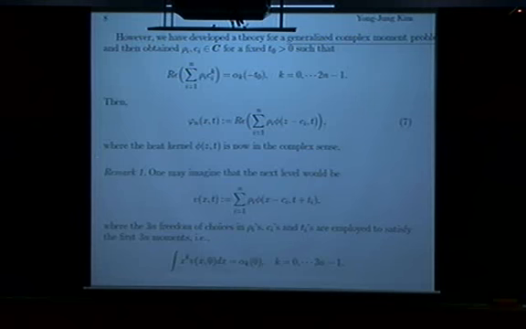Now rho_i's and c_i's are complex numbers. Then my approximation is something like this, and now phi is a heat kernel in the complex sense. So somehow the generalized complex moment problem gives some better result, and we have this.